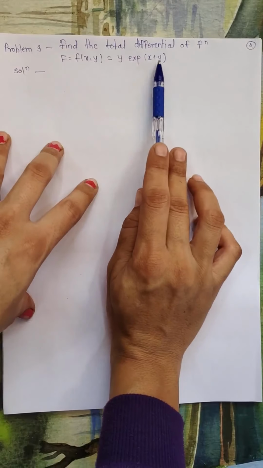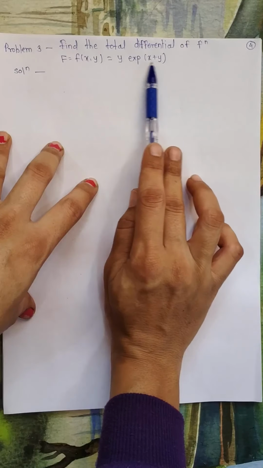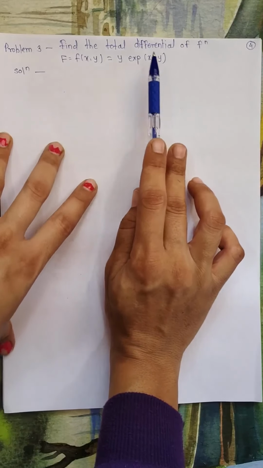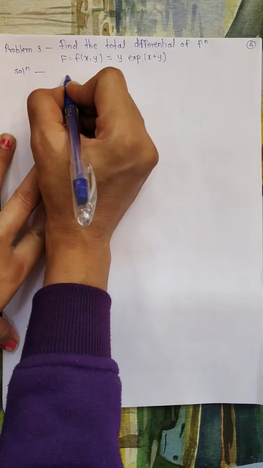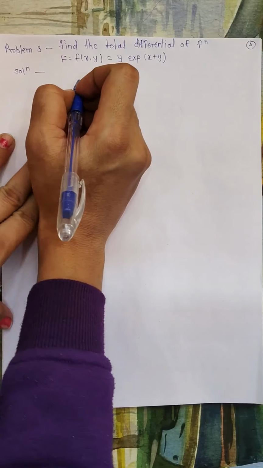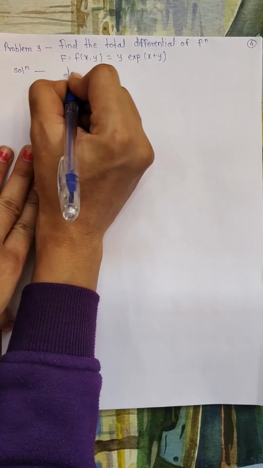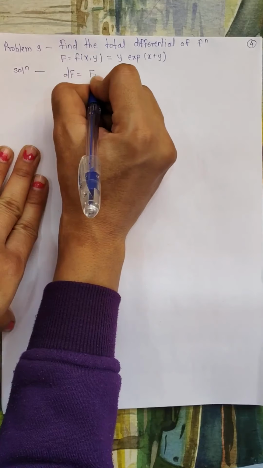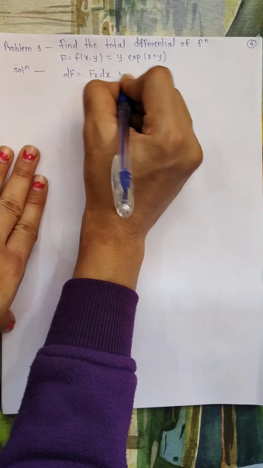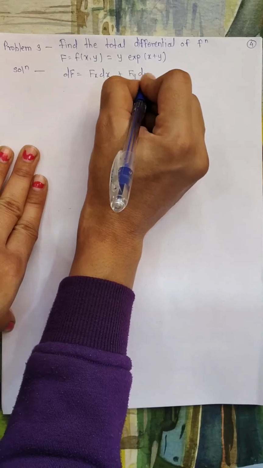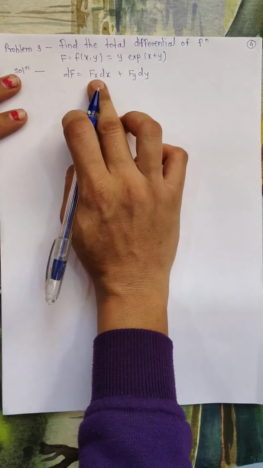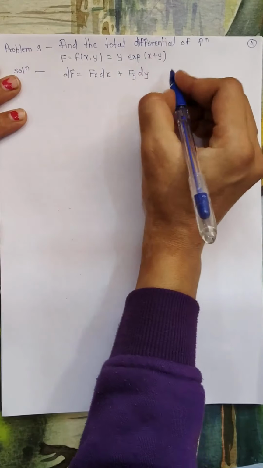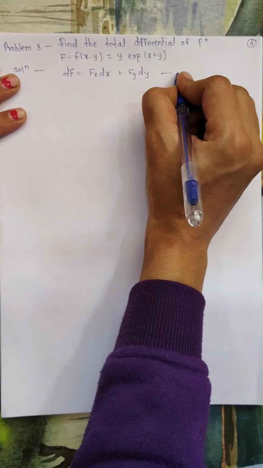We have already discussed that total differential df is given as df is equal to fx dx plus fy dy. This is nothing but total differential. So first we have to find fx and fy and then we will substitute in this equation.